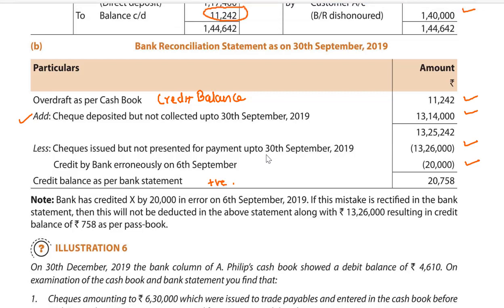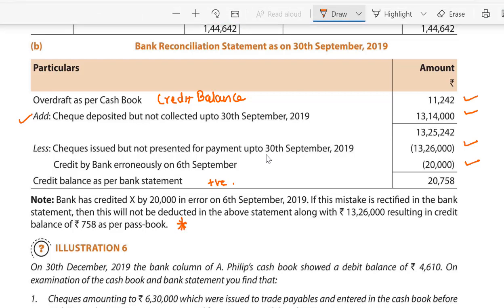Note, the bank has credited X by 20,000 in error on 6th September 2019. If this mistake is rectified in the bank statement, then this will not be deducted in the above statement, along with 13,26,000, resulting in the credit balance of 758 as per the passbook. But because this has not been rectified, it is like this only. Let's go to illustration 6 now.